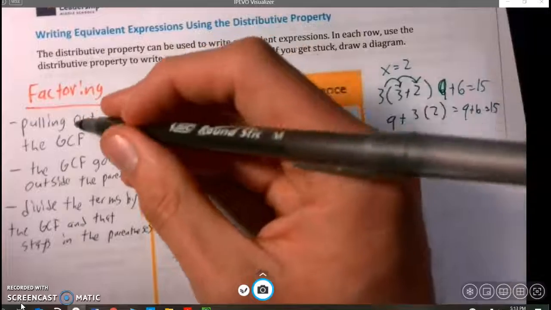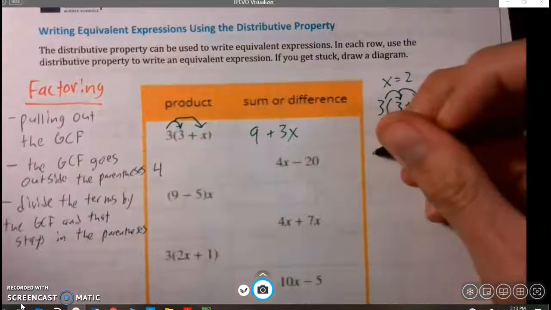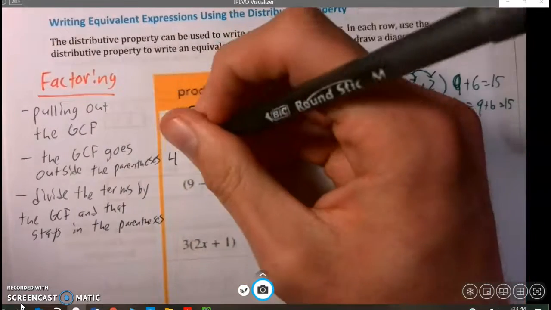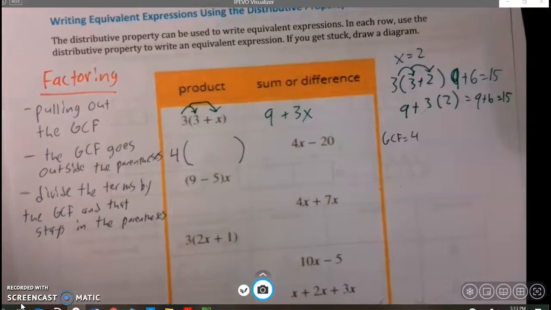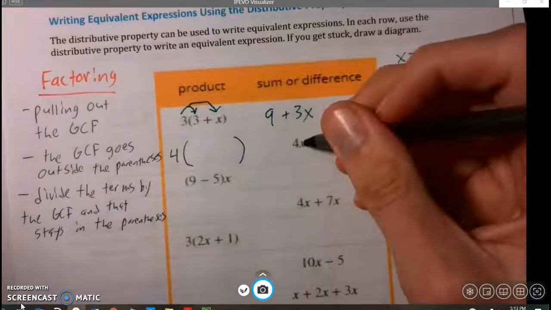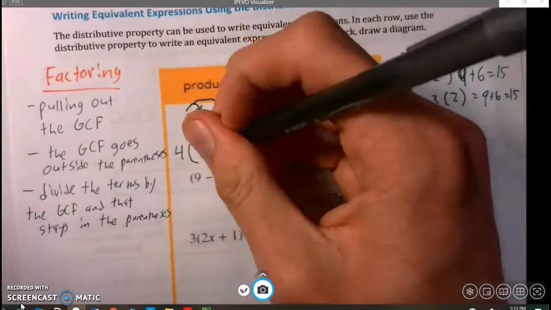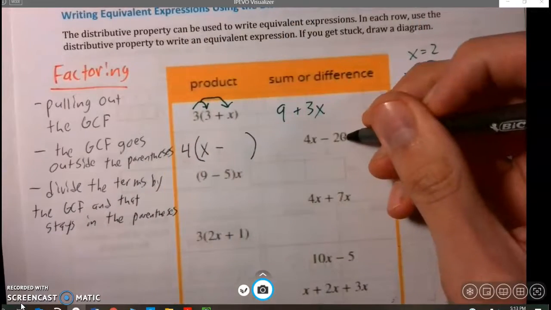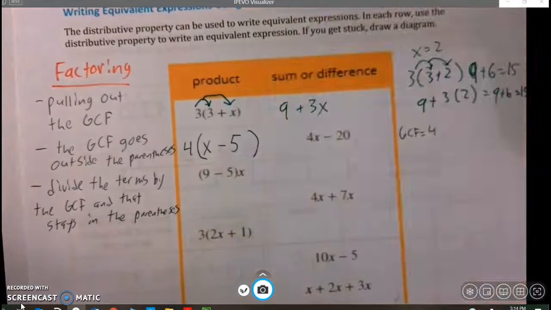So, like we said, we pull out the GCF, so the GCF is going to be 4. The GCF goes outside of the parentheses, and then what's left in the parentheses are the terms divided by the GCF. So, if I did 4x divided by 4, that would leave me with just 1x. And if I divided 20 by 4, that would leave me with 5.